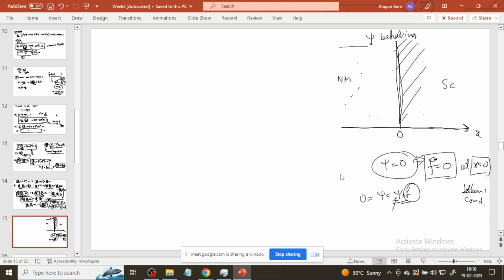Okay, what is our other boundary condition? We know that far from this interface, far inside the superconductor, the density of states in S is uniform.